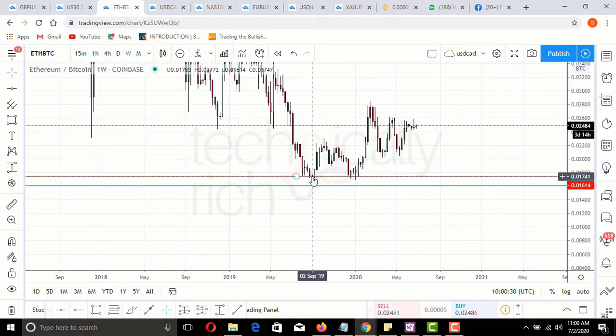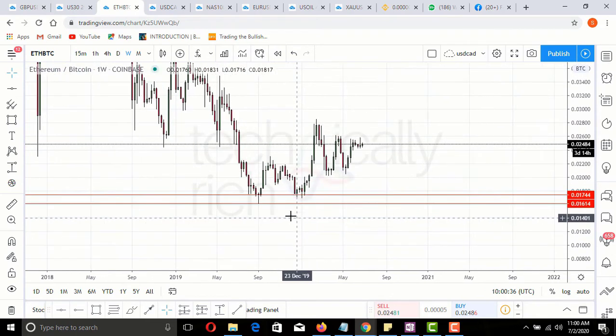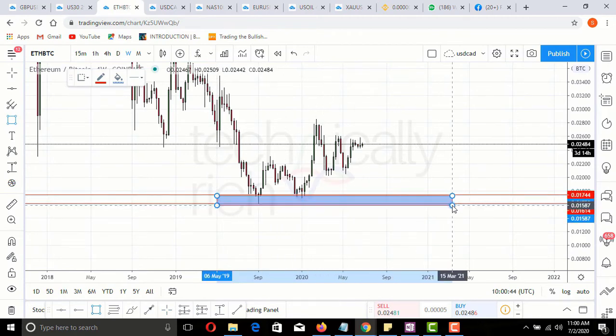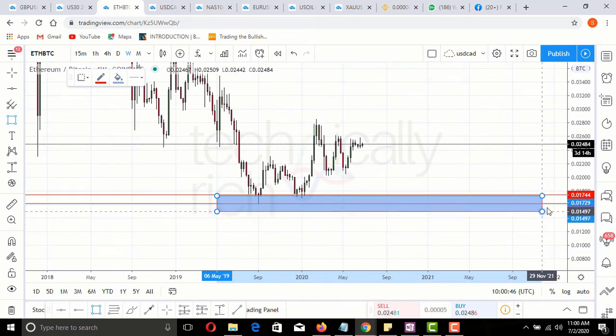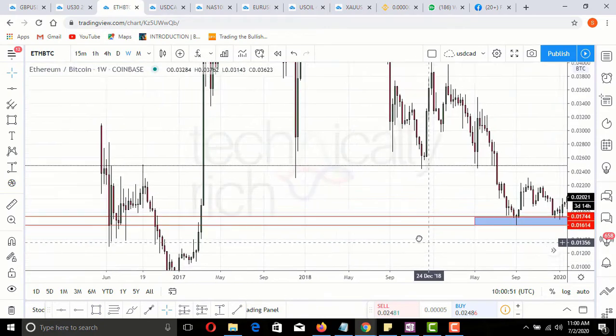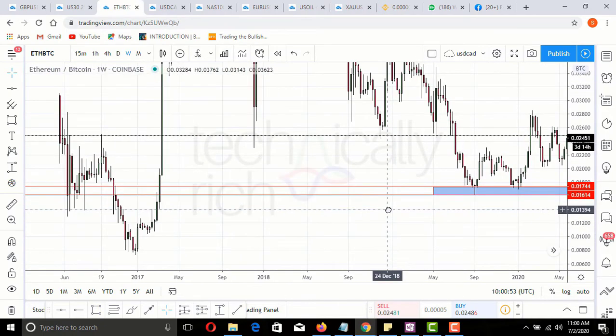You can see the first tip also touched the tip of this one, so it means I have a valid area there. I can then get my rectangle and extend it like this into the future.